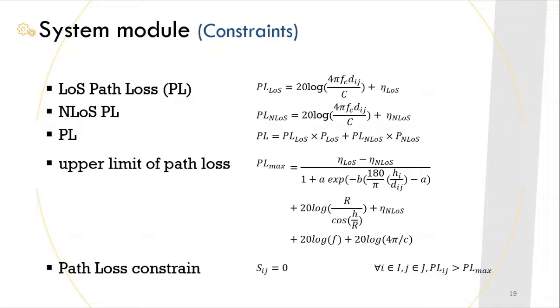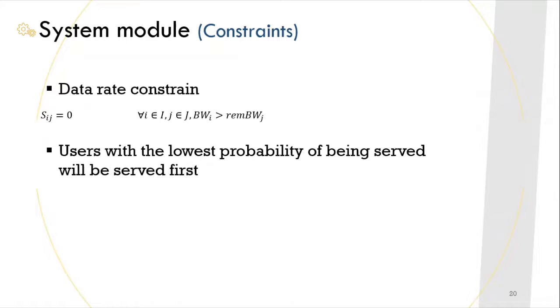The formula to find the PL max is shown in the slide, which we use to find the probability of providing service to each user. If PLij is greater than PL max, Sij is set to 0.